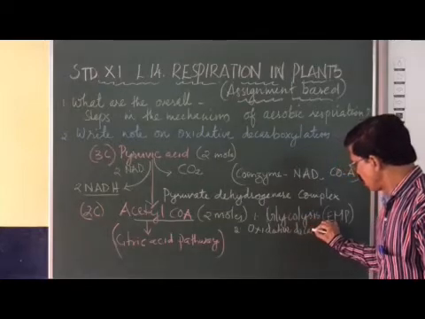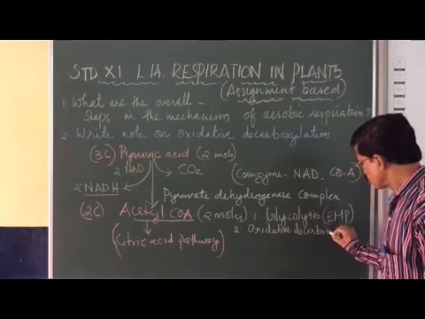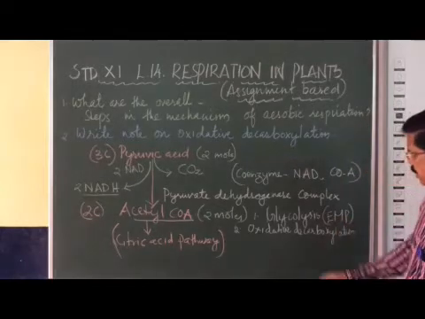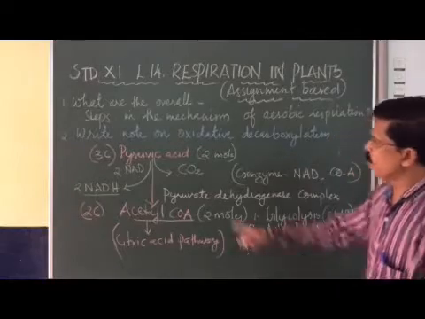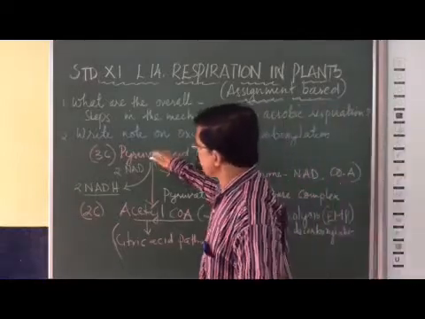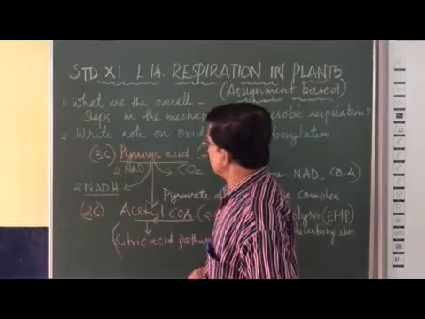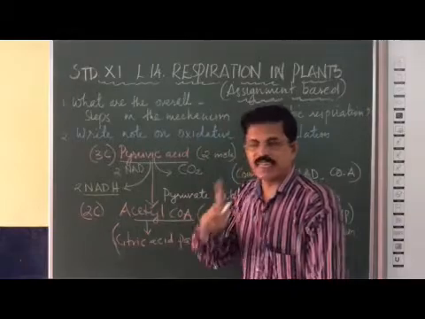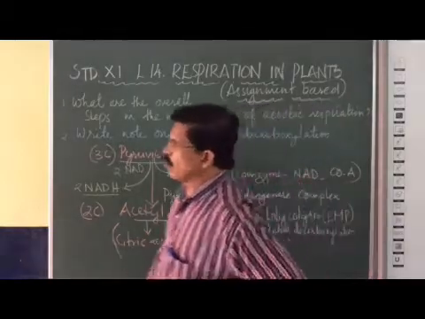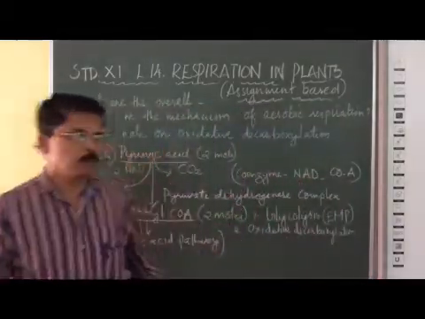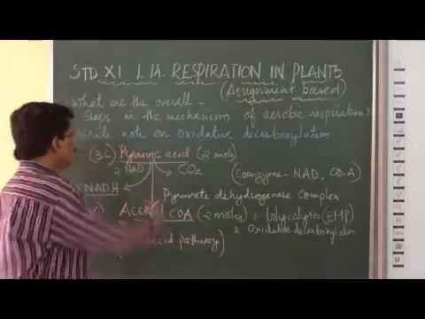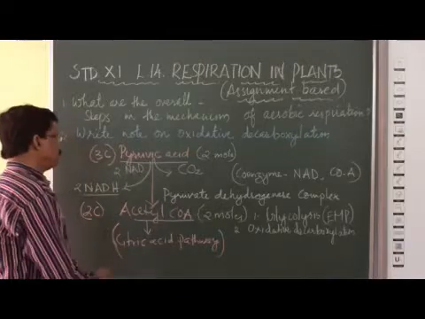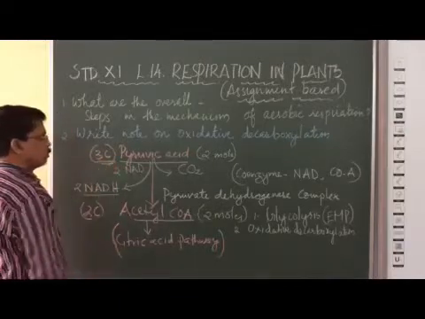Oxidative decarboxylation. What is this? In oxidative decarboxylation, you see this reaction: pyruvic acid, which is a 3 carbon compound formed in the glycolysis. Very clear. Any doubt? No doubt. So from glucose, by glycolysis, 2 molecules of pyruvic acid are formed, a 3 carbon compound.